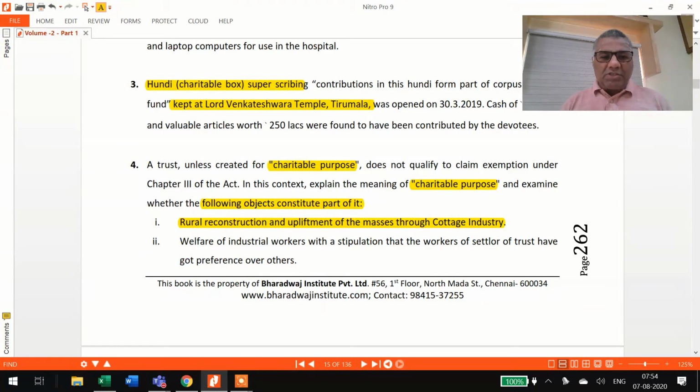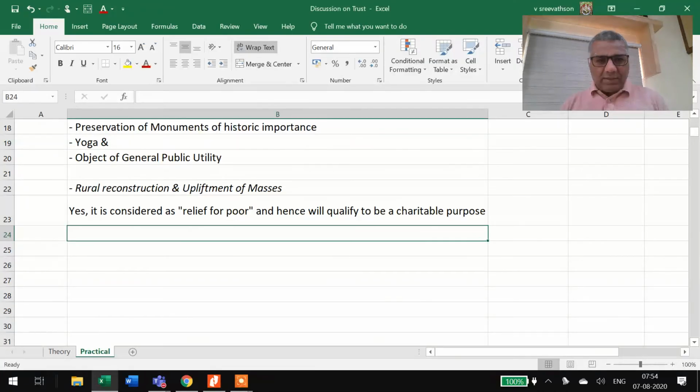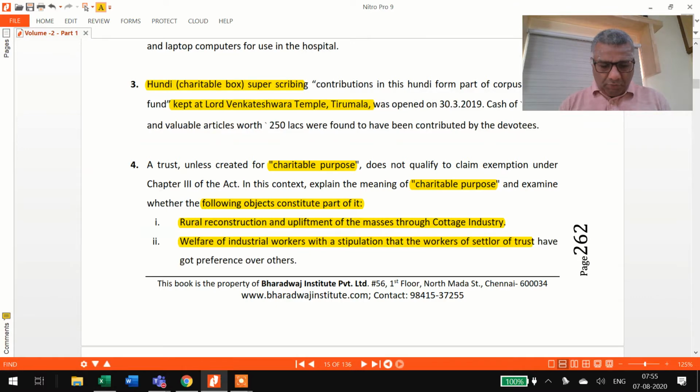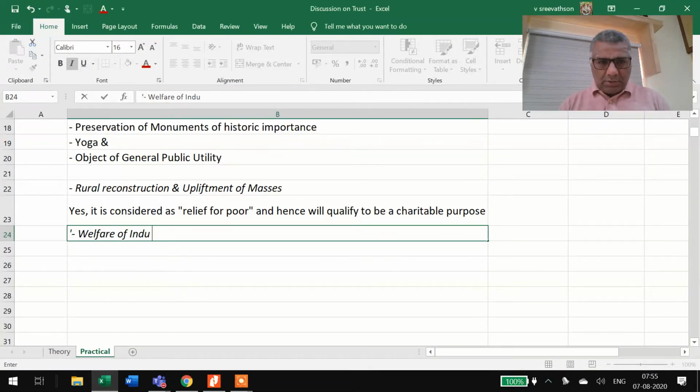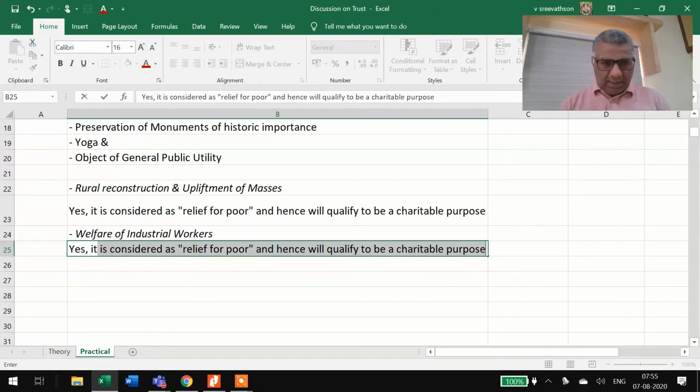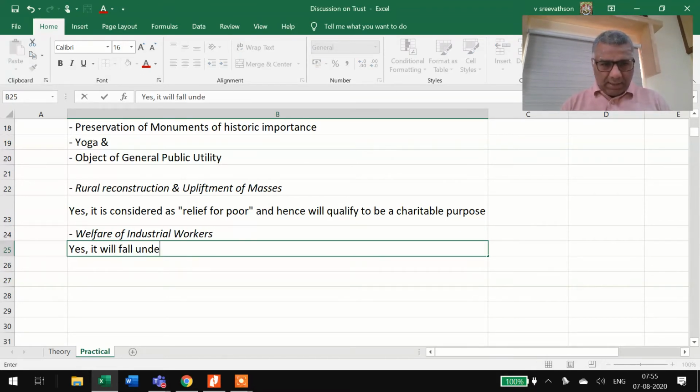Welfare of industrial workers, with the stipulation that the workers of the settlor of the trust have preference over others. Welfare of industrial workers: yes, it will fall under either relief for the poor or objects of general public utility.